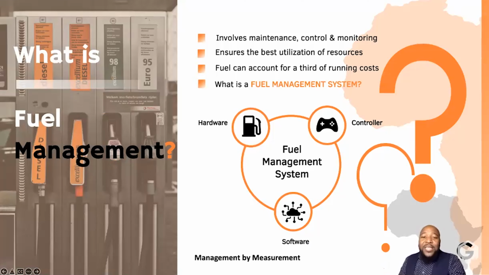Looking at the points highlighted, when touching on how fuel management helps to ensure the best utilization of resources, we're referring to things like using the right or the best type of vehicle for the job. For example, the delivery of medication or food.